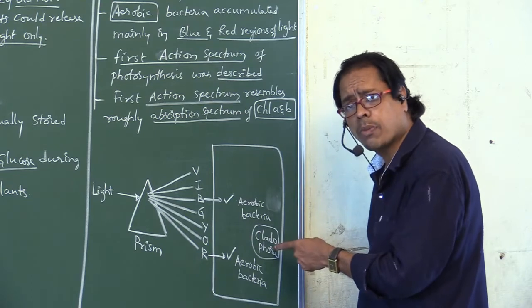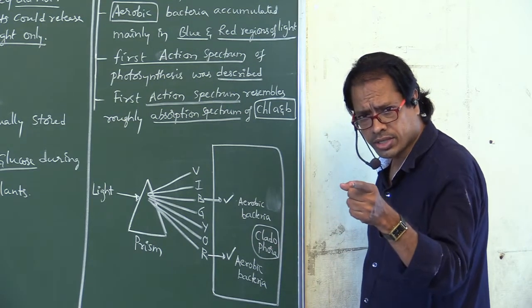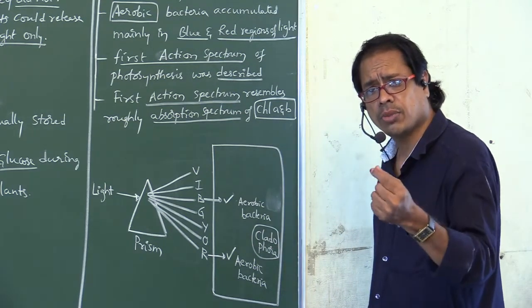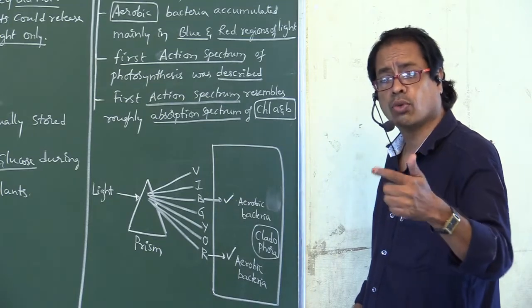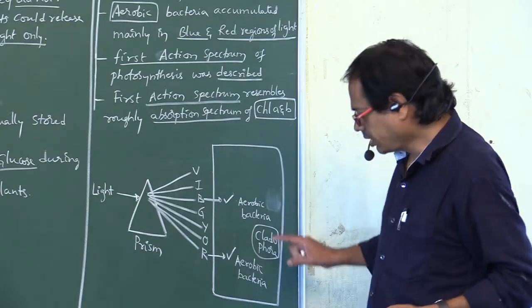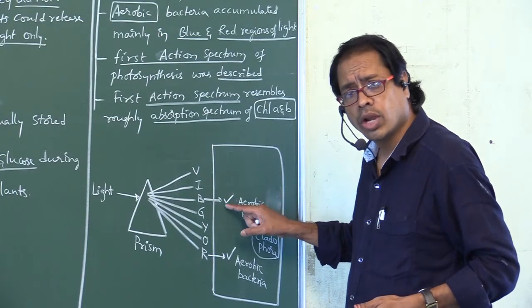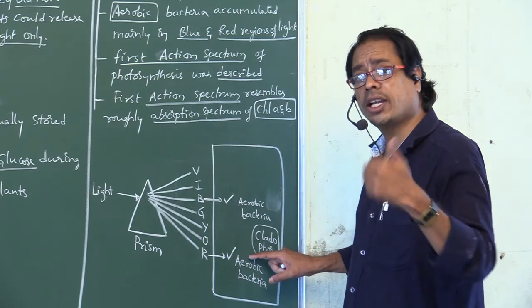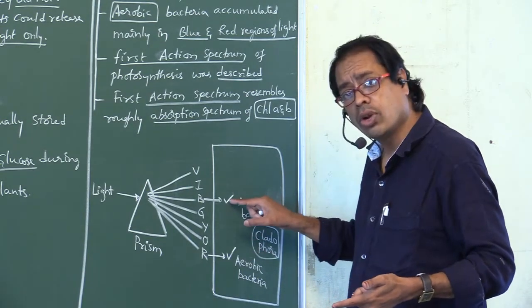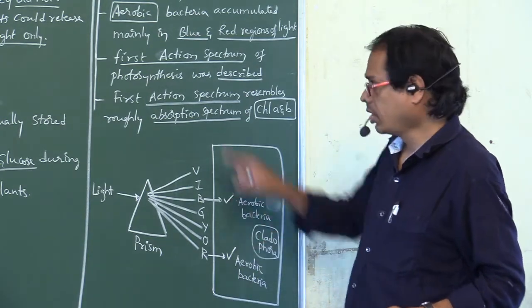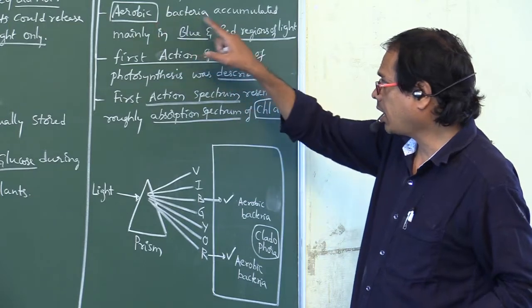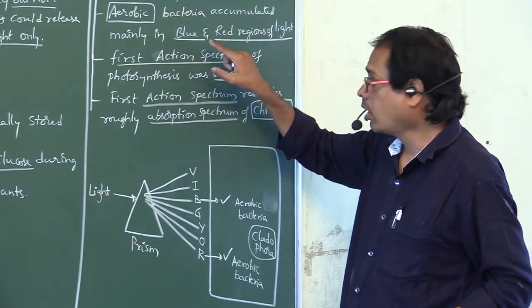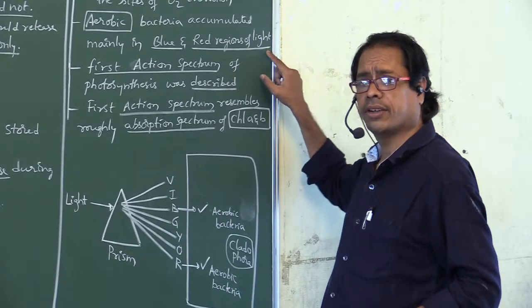This Cladophora performs photosynthesis, and as photosynthesis occurs, O2 is released. That released O2 is at blue light and red light. We detect this because aerobic bacteria accumulate mainly in the blue and red regions of light.